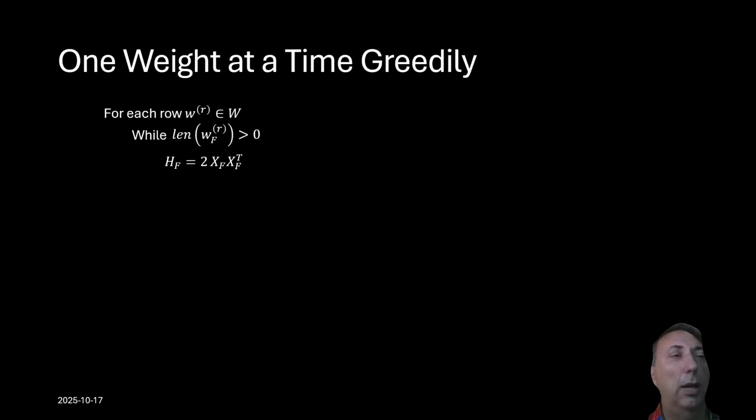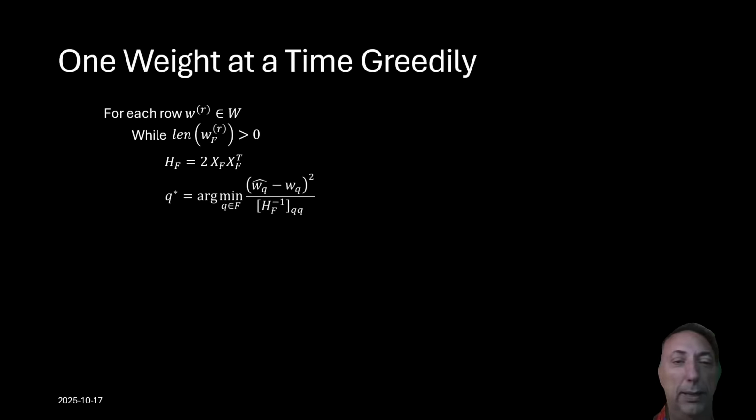So that was one weight at a time in order, but much more commonly and effectively, we look for low-hanging fruit first. What I mean by that is we're going to be choosing Q, which is the index of the weight that we're going to optimize.